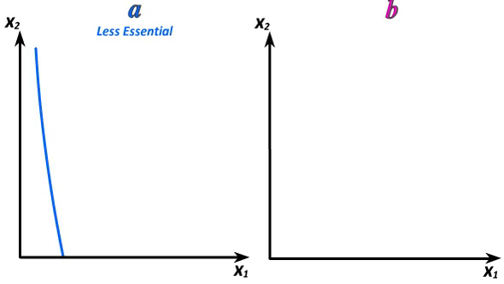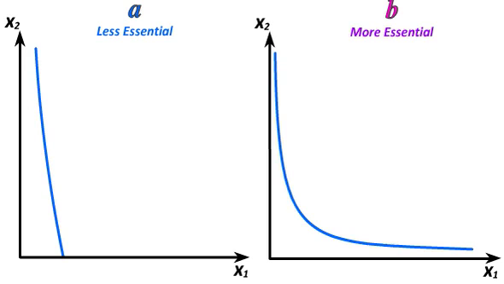We begin with two different blue indifference curves drawn from two indifference maps representing two different tastes. In panel A, the indifference curve intersects the horizontal axis. In panel B, on the other hand, the indifference curve converges to the horizontal axis, but never touches it.